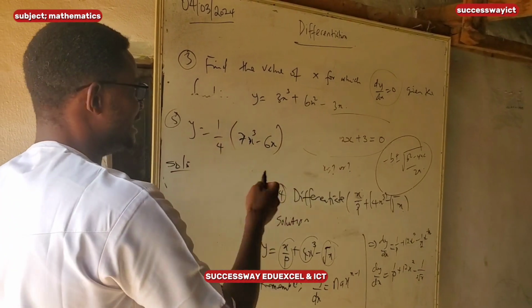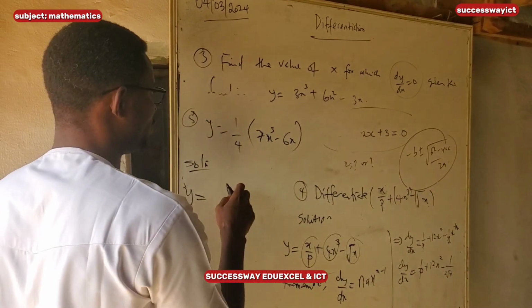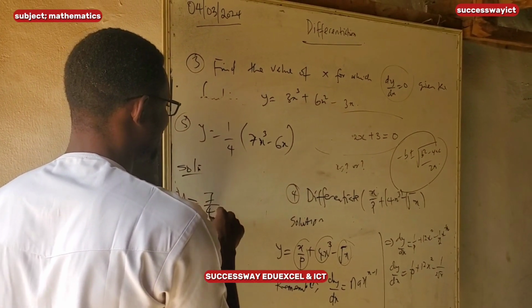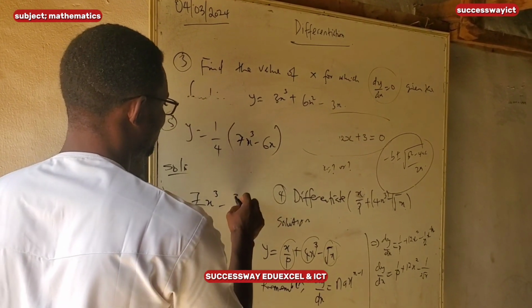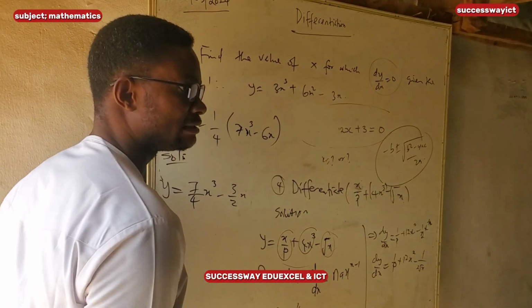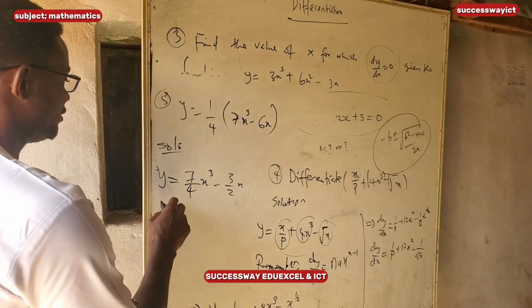Just expand your bracket. Y is equal to 7 over 4 x cubed minus 3 over 2 x. This is what you have.